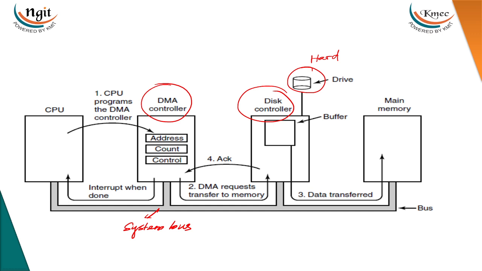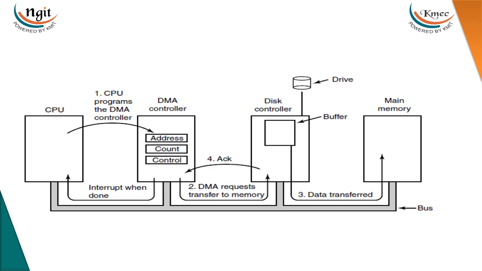How is the data transferred? If you see this diagram, we can divide the data transfer into four steps. First, when DMA is used, the CPU programs the DMA controller by setting its registers inside the controller. This program says where to transfer the data.